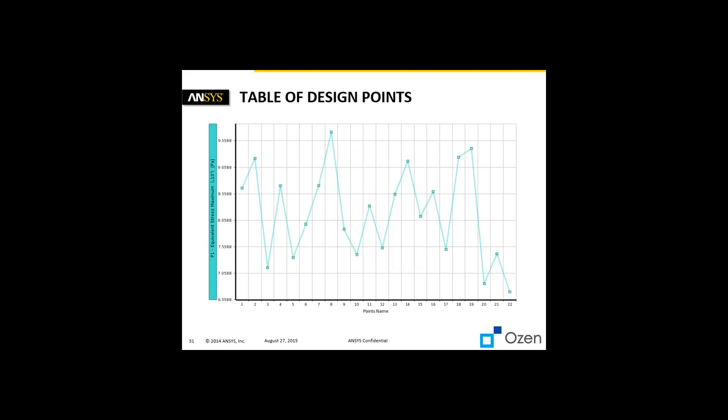Baseline geometry gave us a stress over here, and after 22 iterations, the stress went down, I would say, about 20%. And 20% reduction in stress may equal a 30% improvement in fatigue life.